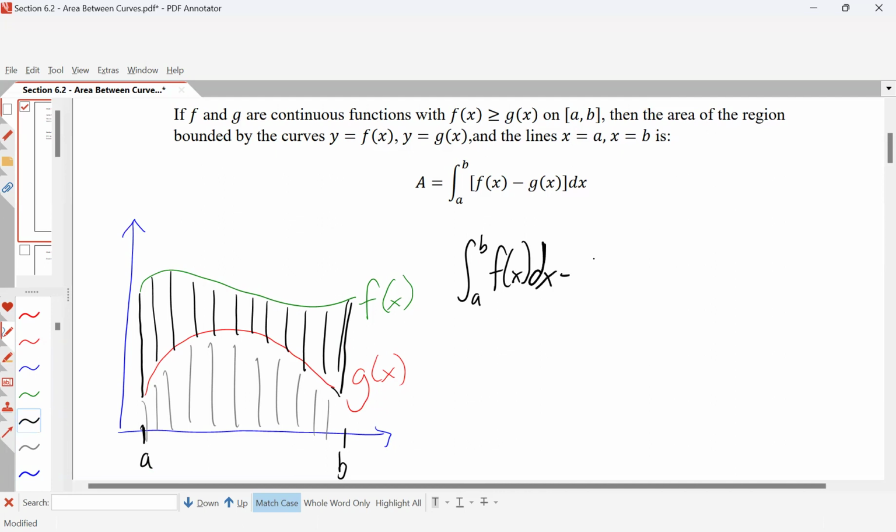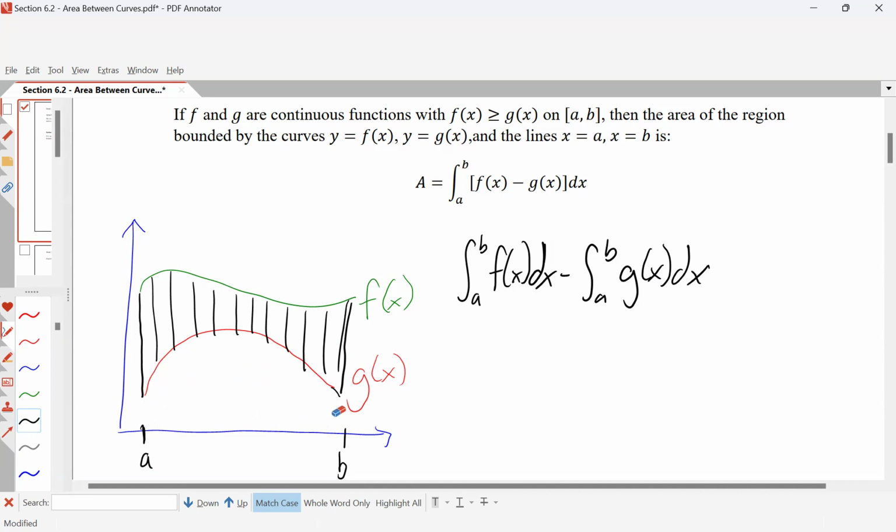And then subtract the integral from a to b of g of x, which is taking the area under the red function down to the x-axis. So taking all the area, subtracting the lower function's area, leaves us with just the area between the two curves.